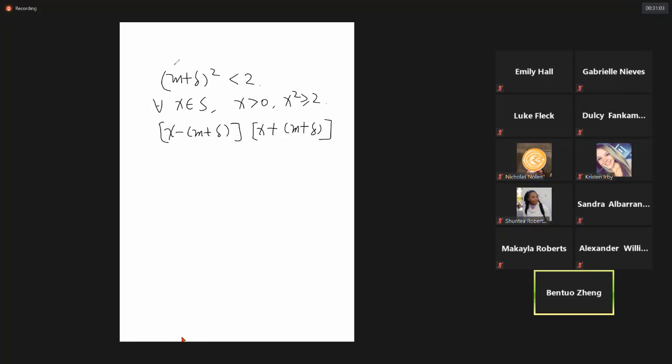So if you remember, this is the difference of squares. So it's equal to x squared minus m plus delta squared.